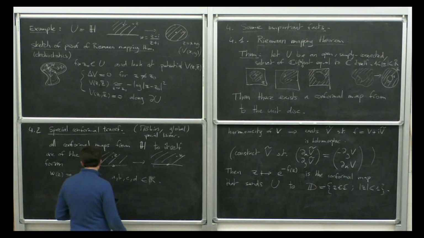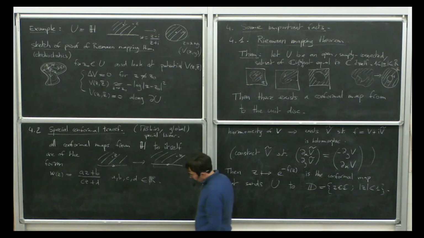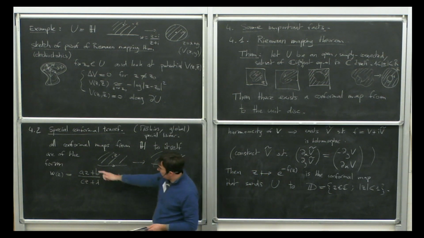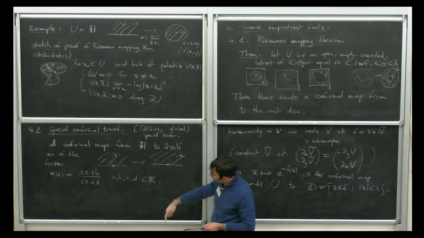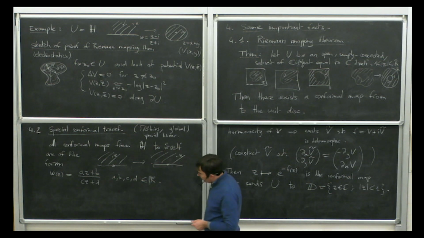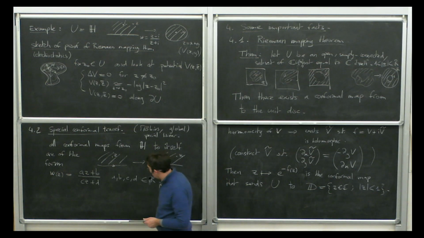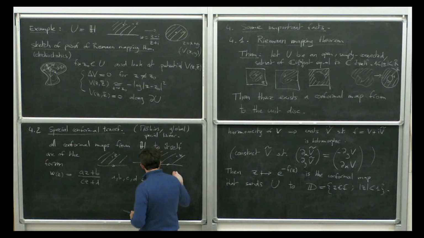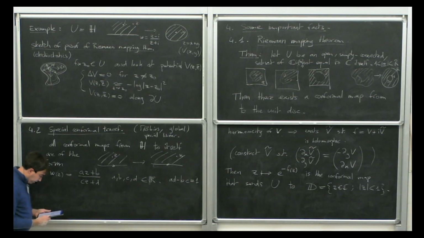There's some freedom in the normalization here, because if I multiply all four of them by some factor, then obviously this fraction remains the same. So we normalize them so that AD minus BC is 1. That's a strange enough normalization convention, but you will see in 3 minutes that it actually makes sense. And this is a theorem.